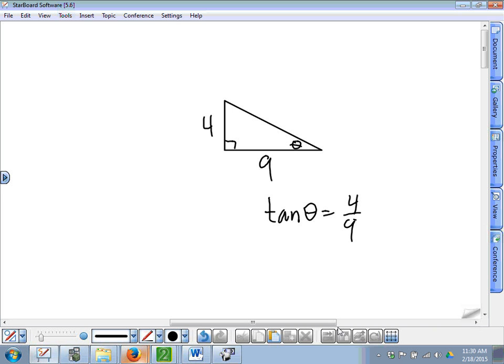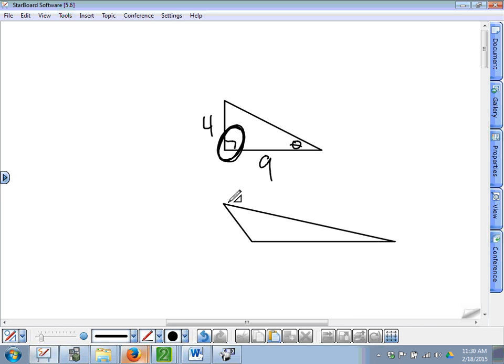Okay. The thing you have to realize is that those problems only work because we have a right angle. If I had drawn this kind of a triangle and asked you to find this length right here, if this were 20 degrees, you see how this is a little bit different of a problem?